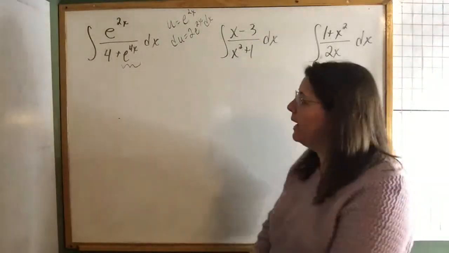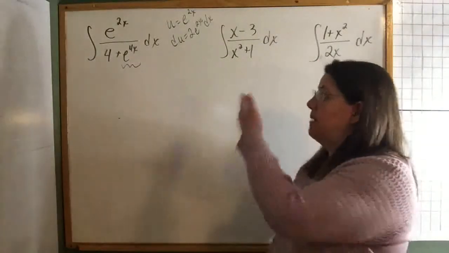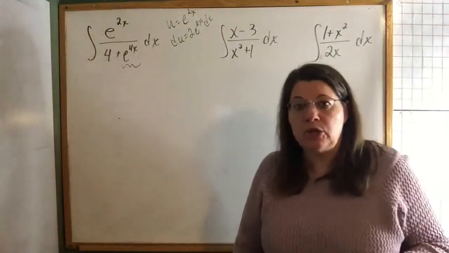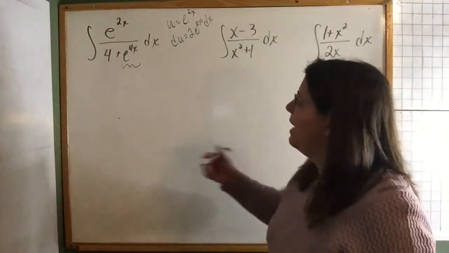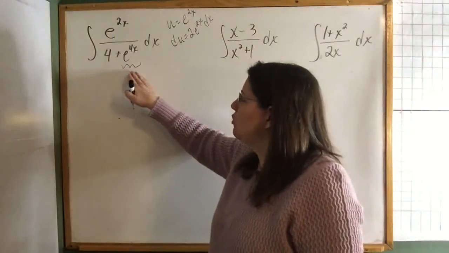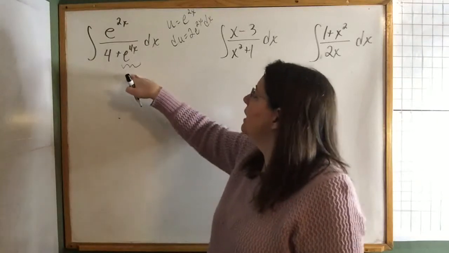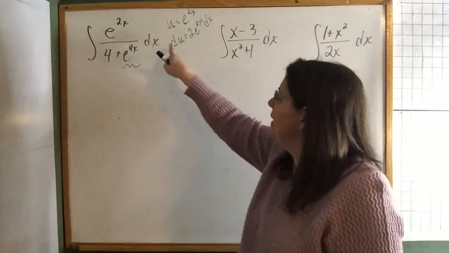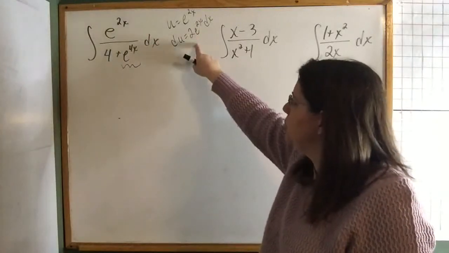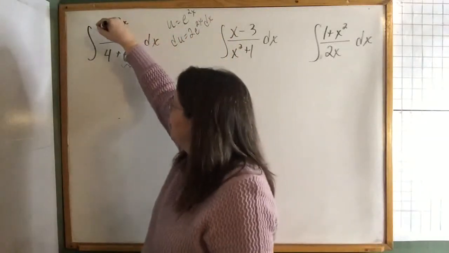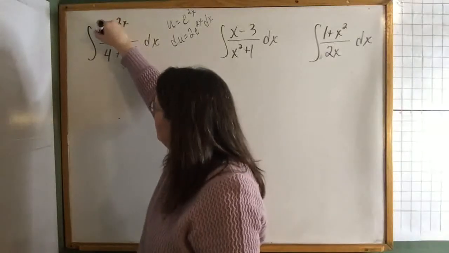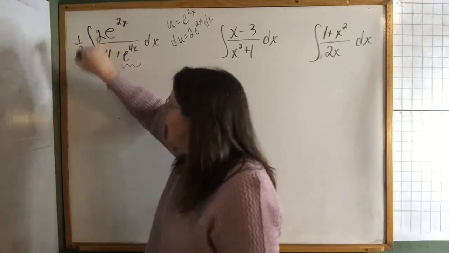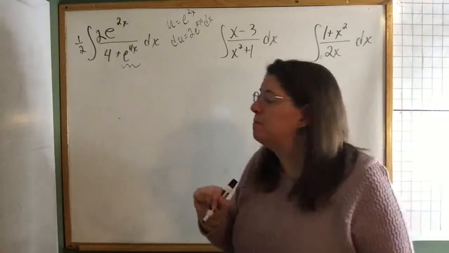So my u squared is e to the 4x, making my u still e to the 2x. And if I have a u squared, and then most of my du is here, but that du is missing the 2, so I'm going to multiply by a 2 here, and then offset it with a 1/2 so that I haven't changed the value of the problem.